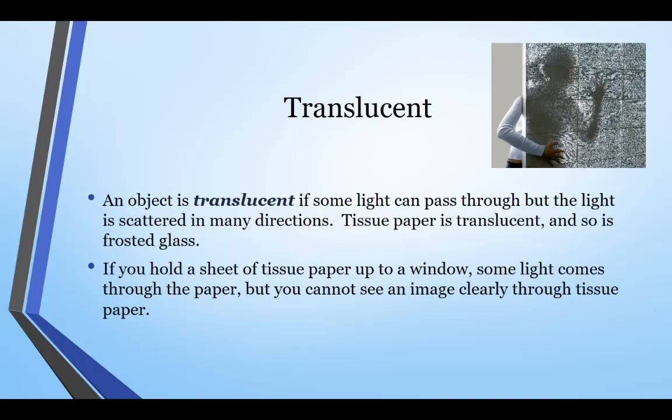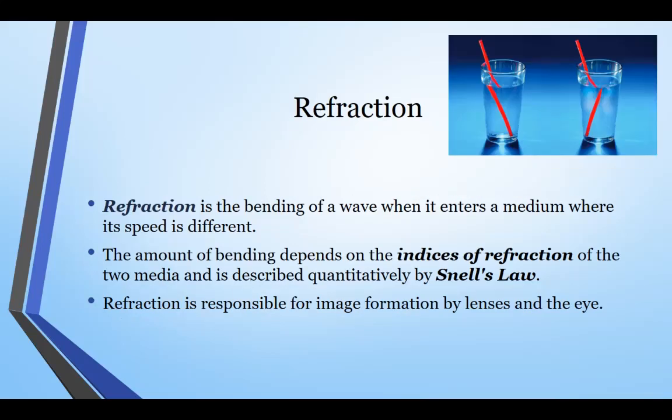Then we get to the next one, which is refraction. Refraction is the bending of light waves, and when you deal with translucency, you typically have a certain amount of refraction occurring. This is the bending of light waves as they enter from one medium into another. The amount of bending depends on the indices of refraction of the two media and is described quantitatively by Snell's law, which we will go over more next class.